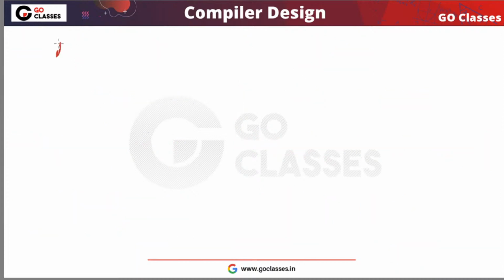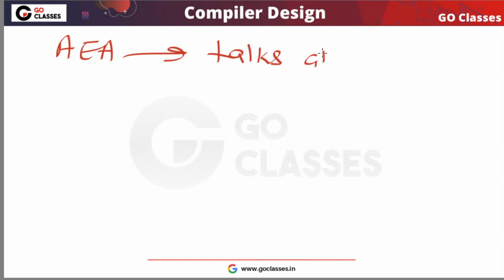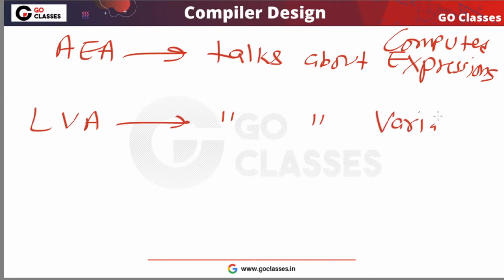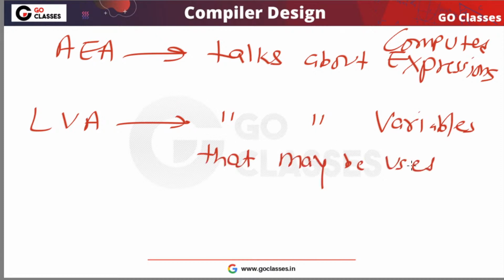Another difference is that available expression analysis talks about expressions, expressions that are computed. And live variable analysis talks about variables that may be used in future.